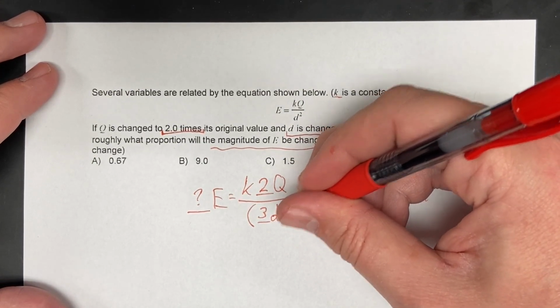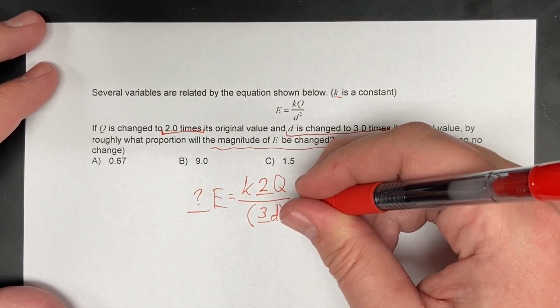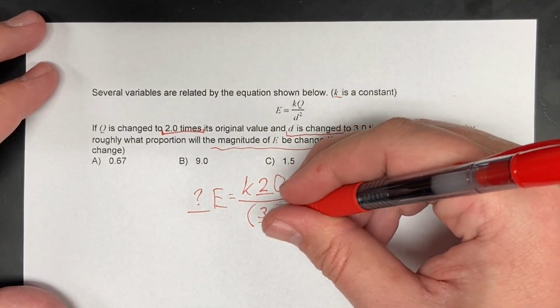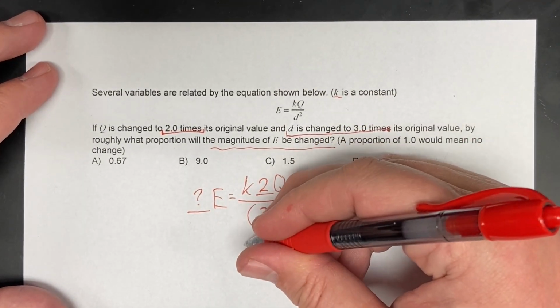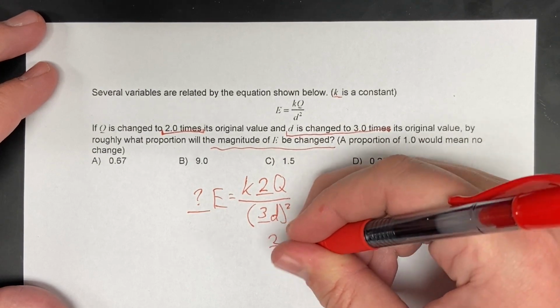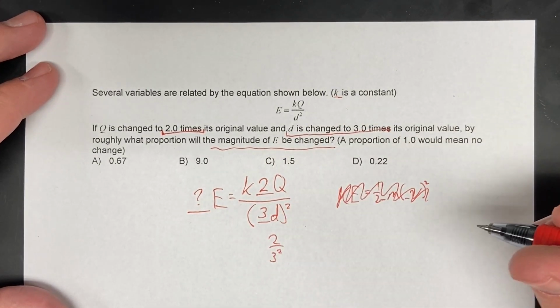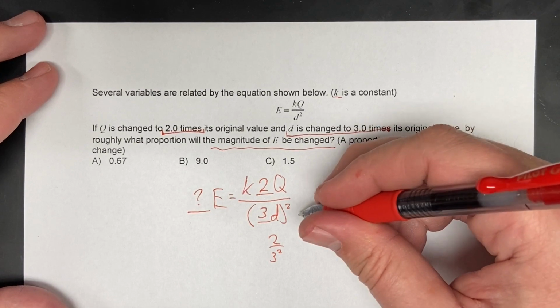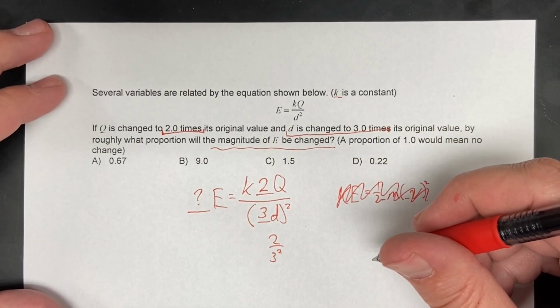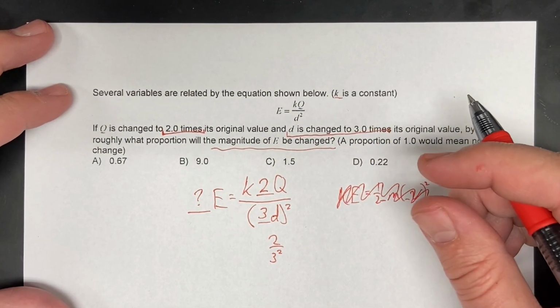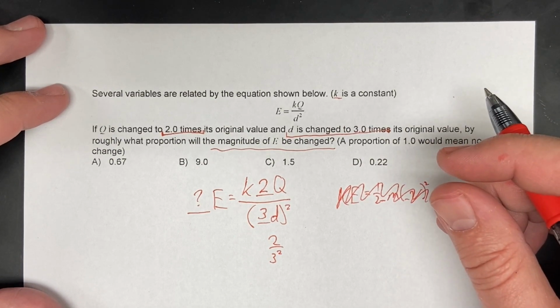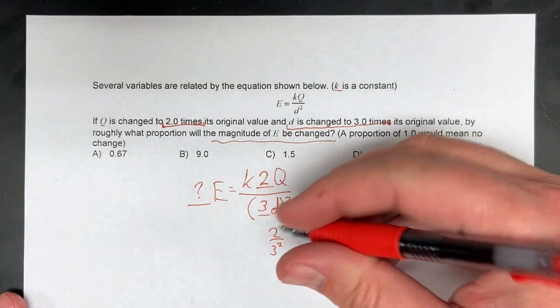We have to do what the equation says. So it's saying that we would square the distance. So that means we're also going to square this 3. We have 2 over 3 squared. And if I put that in my calculator, I'm going to get 0.2222.